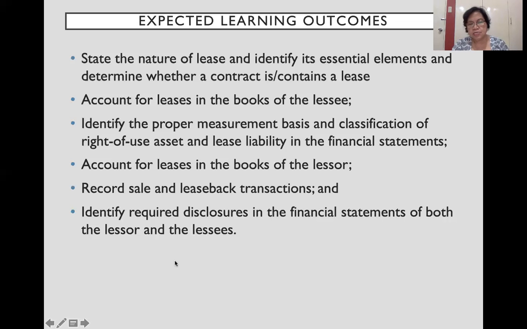Therefore, for our synchronous class, we will be discussing some exercises relating to the lessee, the lessor, and the lessee and lessor relating to sale-leaseback transactions.